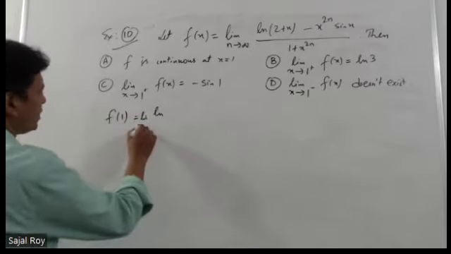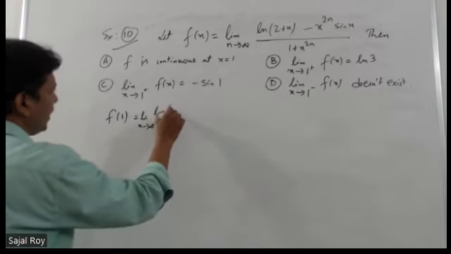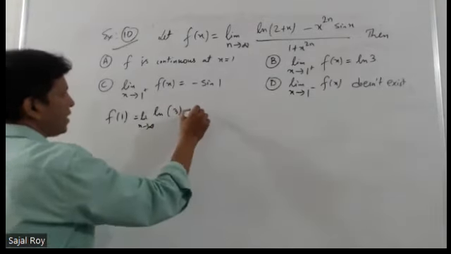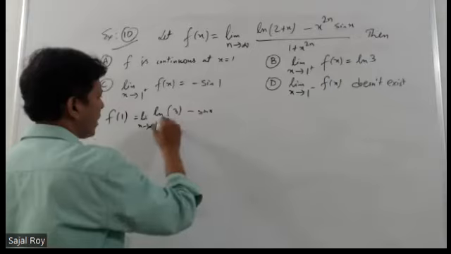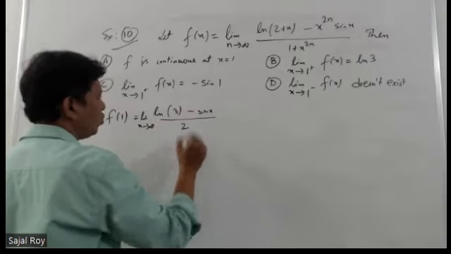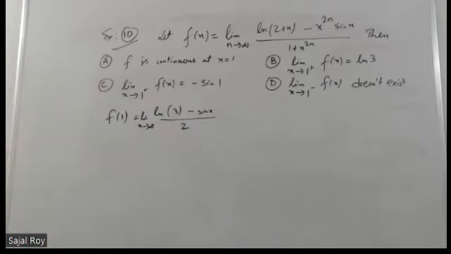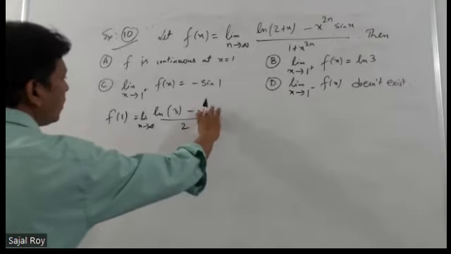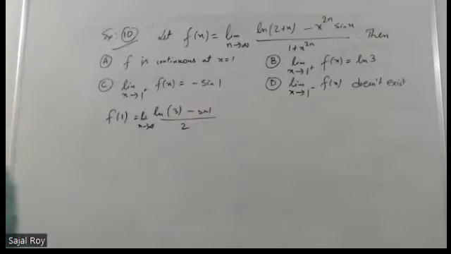Limit n goes to infinity, ln 3 minus sin x over 2. Sin 1. Right.